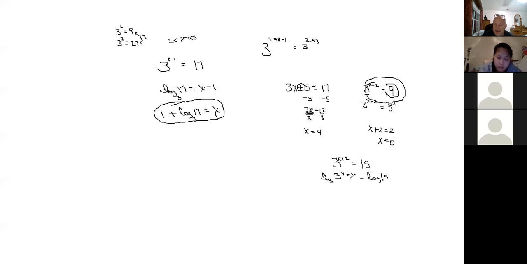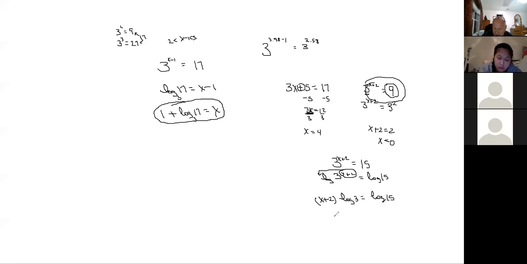Okay, and then you can use the power rule, which works the same as the quotient rule, and bring it out front. So it's going to be x plus 2 times the log of 3 equals the log of 15.